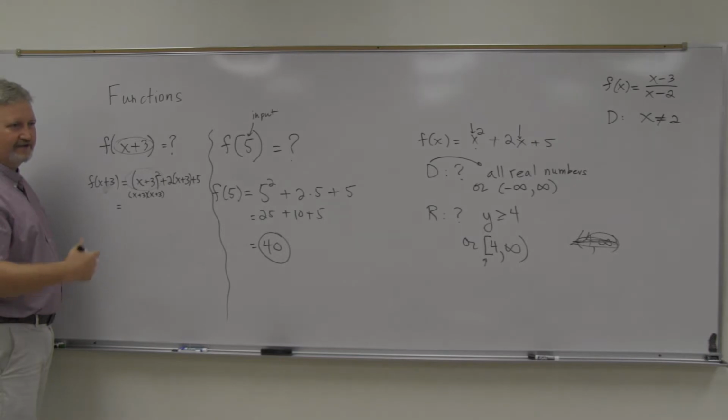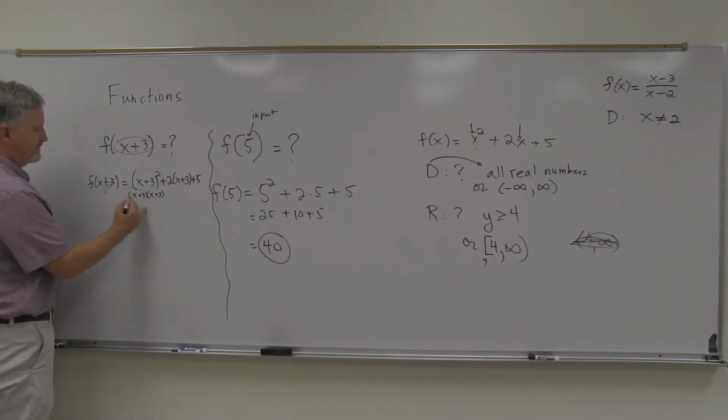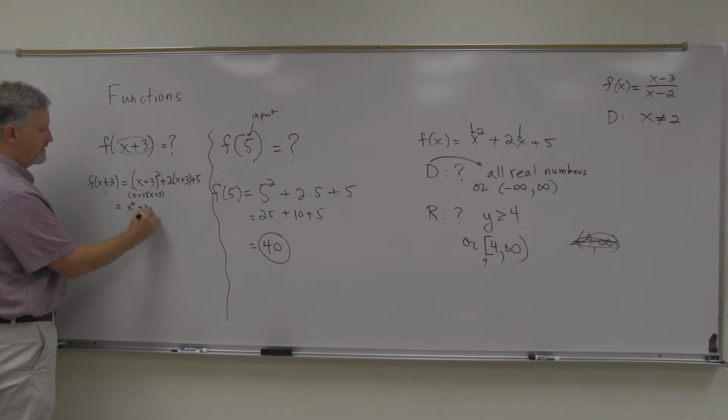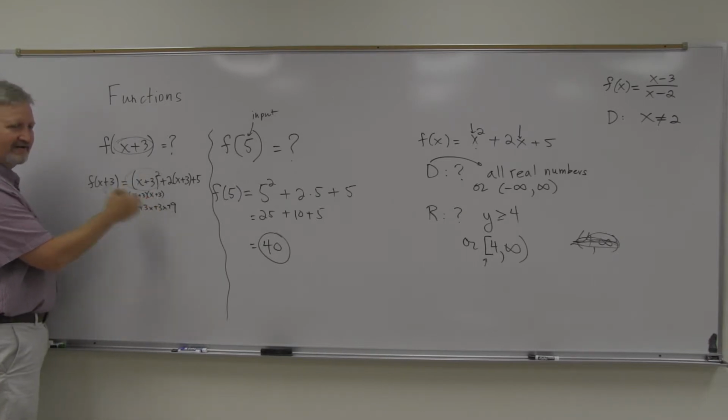You've got to FOIL it out, or you may know a shortcut method, but yeah, you've got to FOIL that out. X times x is x squared, x times 3 is 3x, then the inner 3 times x is 3x, and then 3 times 3, you've got 9.